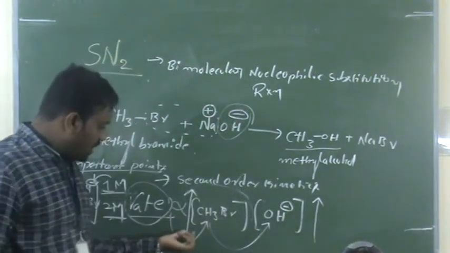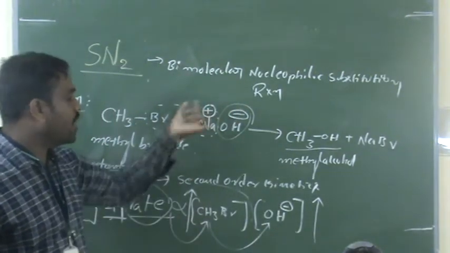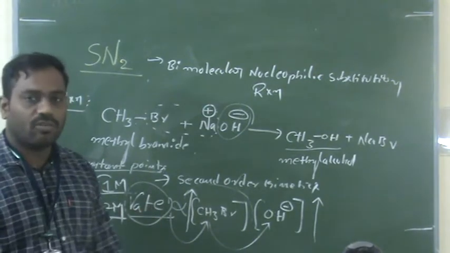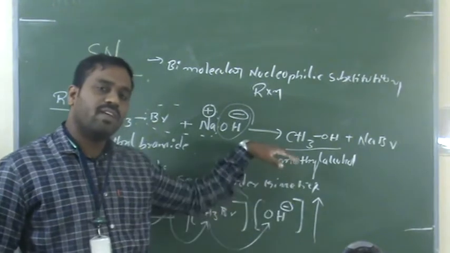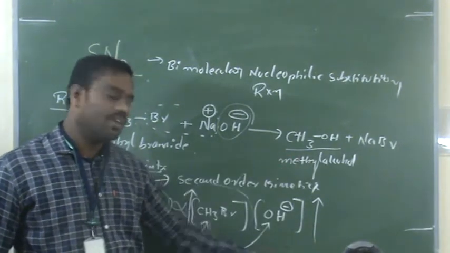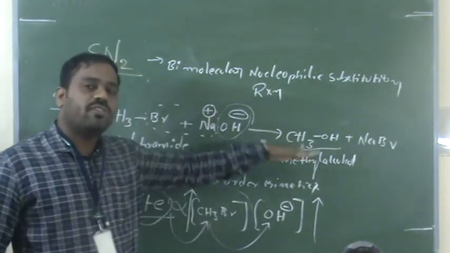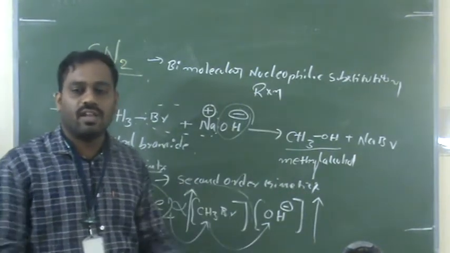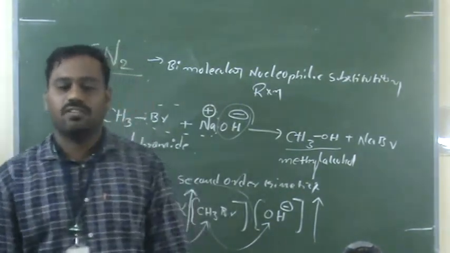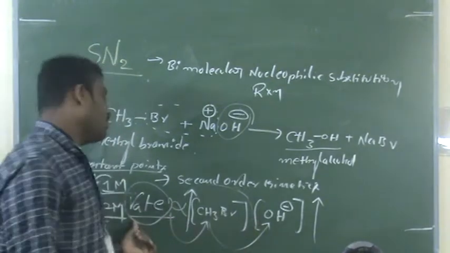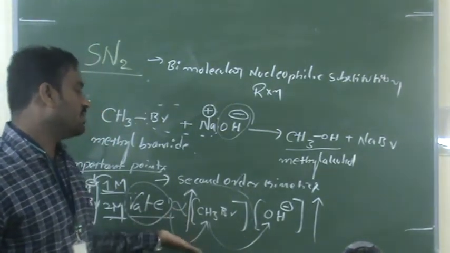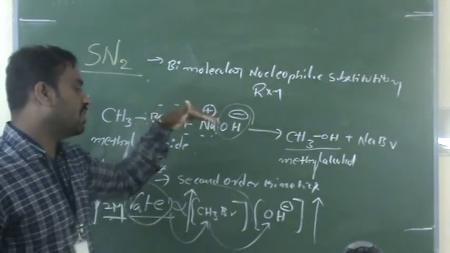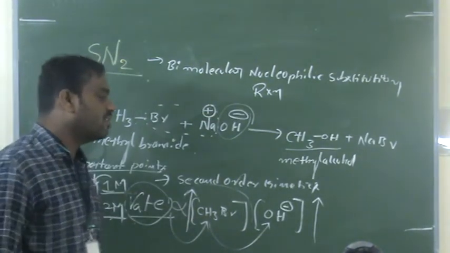Because here this concentration increases by 2 times, so the rate of the reaction is increased by 2 times. If this concentration is decreased by 2 times, the rate of the reaction is decreased by 2 times. Here 2 times is increased, here 2 times is decreased, so finally the rate is as it is. That's why the rate of the reaction does not change when we increase the concentration of methyl bromide 2 times and decrease the concentration of OH minus 2 times.